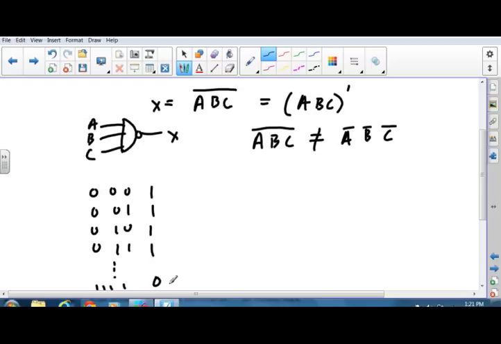We'd get a 0 there, right? But A naught and B naught and C naught would have a different truth table associated with it. And I'm not going to write it down, but you can take my word for it.